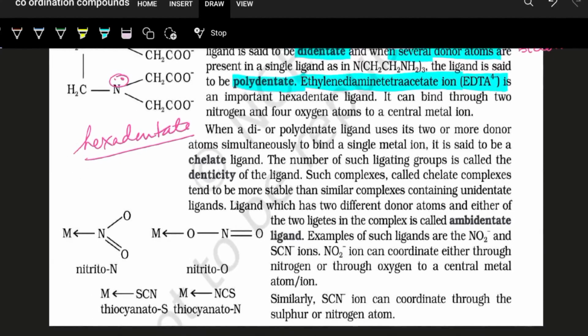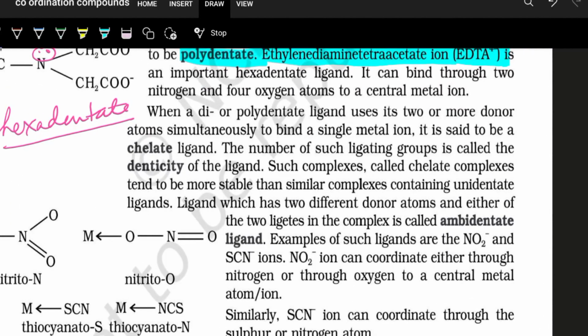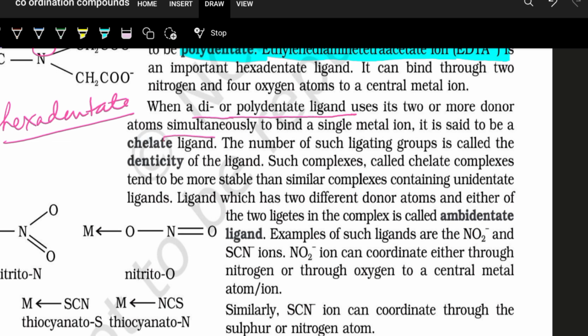And these types of ligands, be it two donor sites or more than that, that means didentate and polydentate ligands, if they actually form bonds with the metal atom simultaneously, they are known as chelating ligands. That means they form a ring-like structure because they are bonded simultaneously.